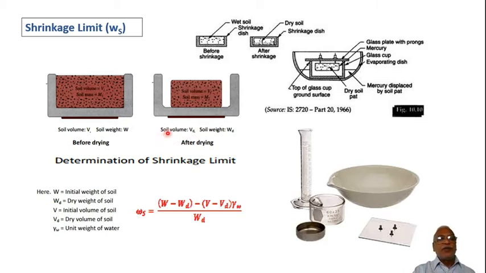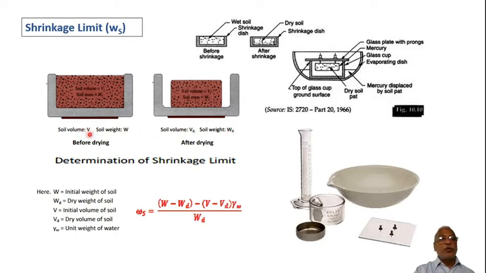Now we should be able to find out the volume of dry soil pat, right? Soil volume is VD, and then soil weight is WD, because it is a dry weight of the soil or weight of soil solids only. You can find out that.